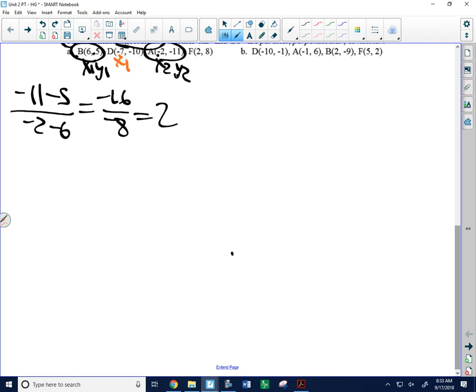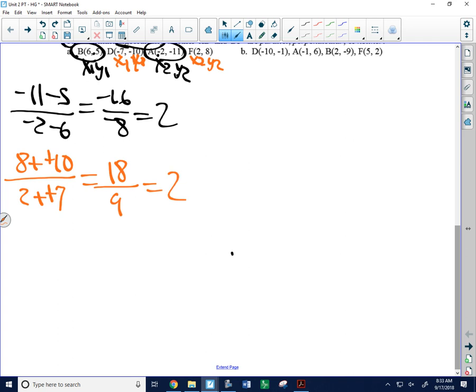So then let's go to F and D. So x1, y1, x2, y2. It's going to be 8 minus a negative 10, which is plus 10, and 2 minus a negative 7, which is plus 7. It becomes 18 over 9, which is 2, and they are exactly the same, so it's parallel.